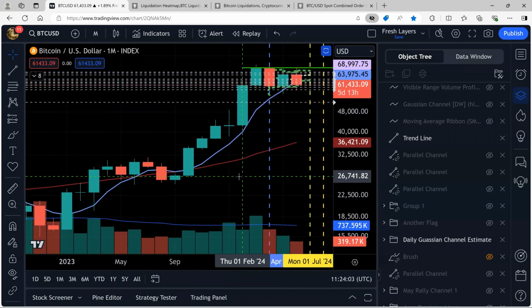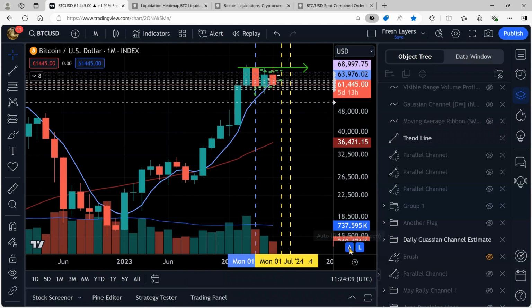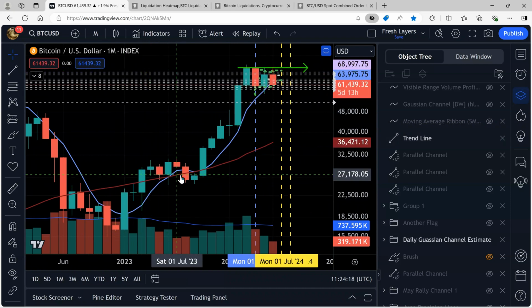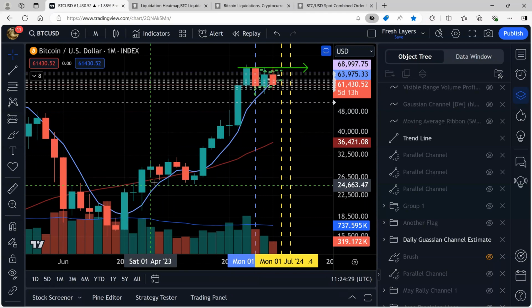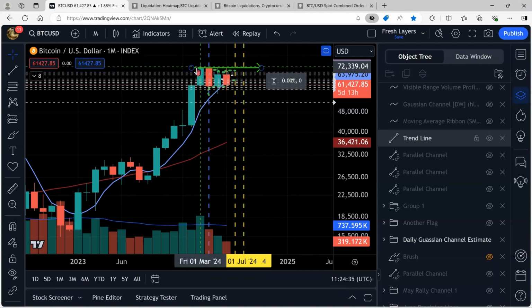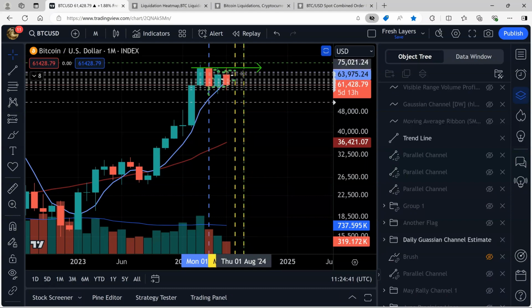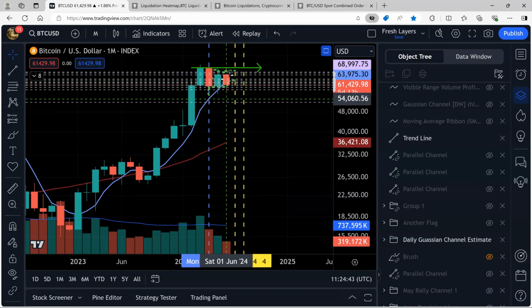All right, so I've zoomed out to a monthly candle view, and here it doesn't look so bad, as we consolidated sideways for a while from April all the way till September of 2023 within this range, and only been consolidating within this range for a few months now, and probably going to explode here in July. So this doesn't look bad at all.